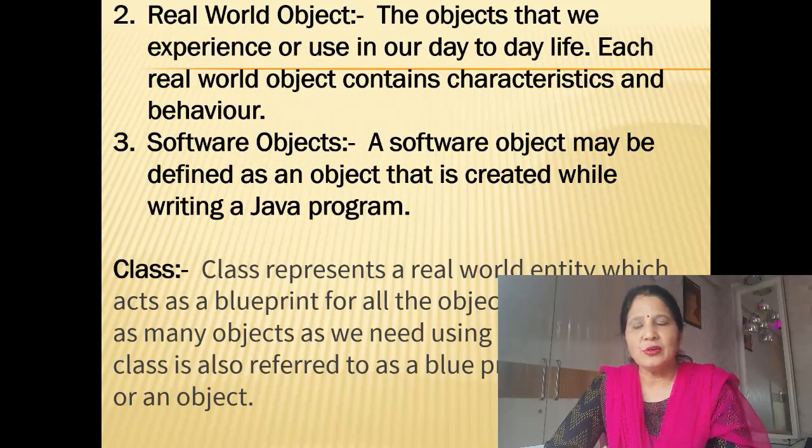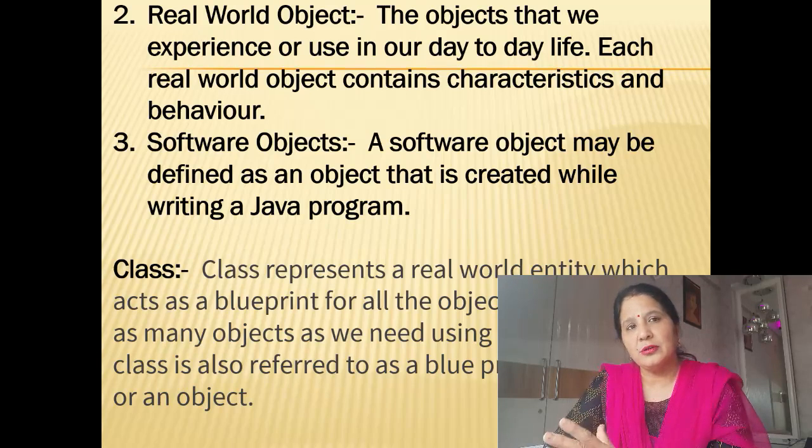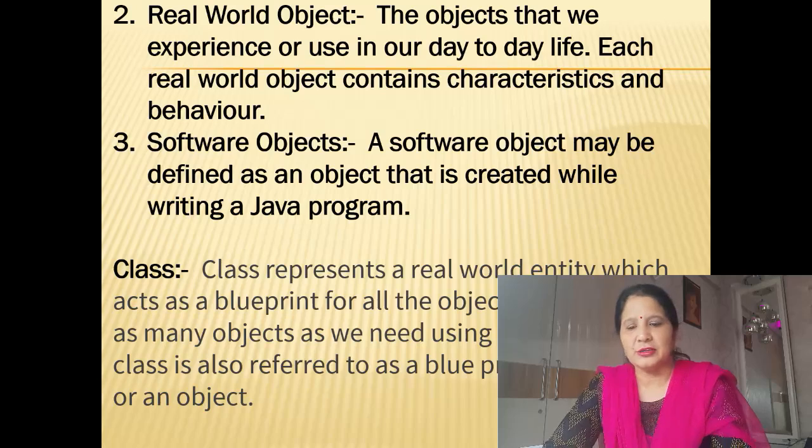Thus, a class is also referred to as a blueprint or prototype of an object. The example of class is students, and the example of object is chair, table, blackboard, anything which we are using to do our work.